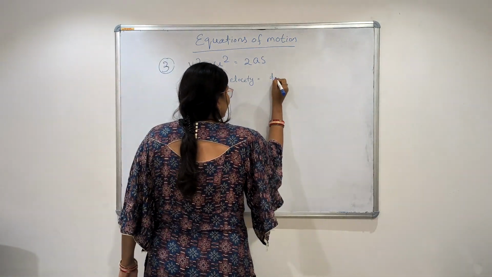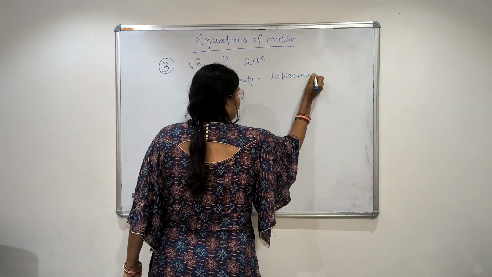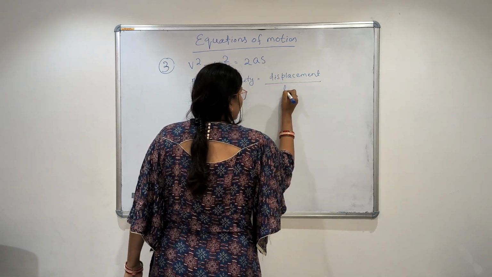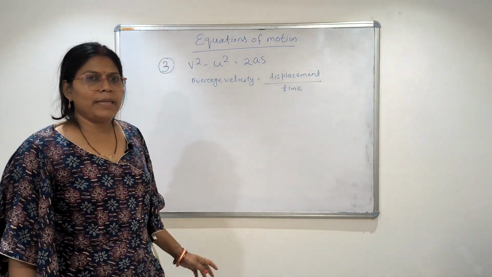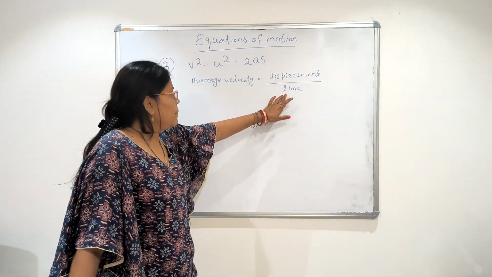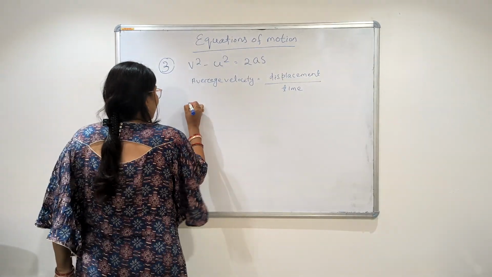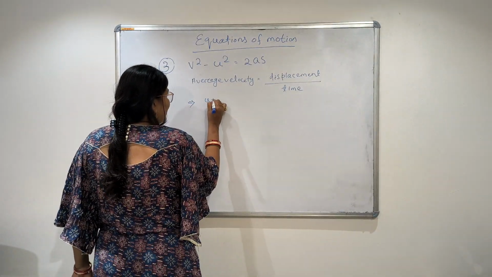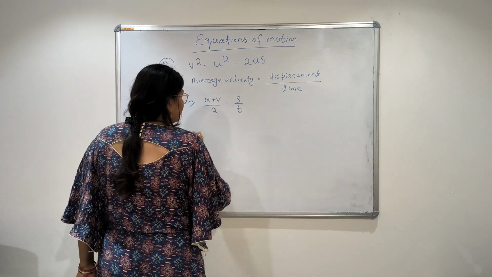So displacement by time. I have already told in the previous videos that rate means divided by time. So average velocity is equal to how much? U plus v by 2 is equal to s by t.